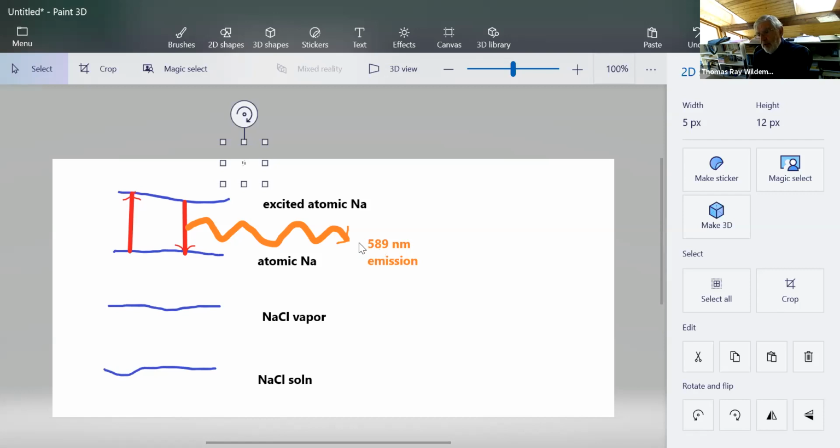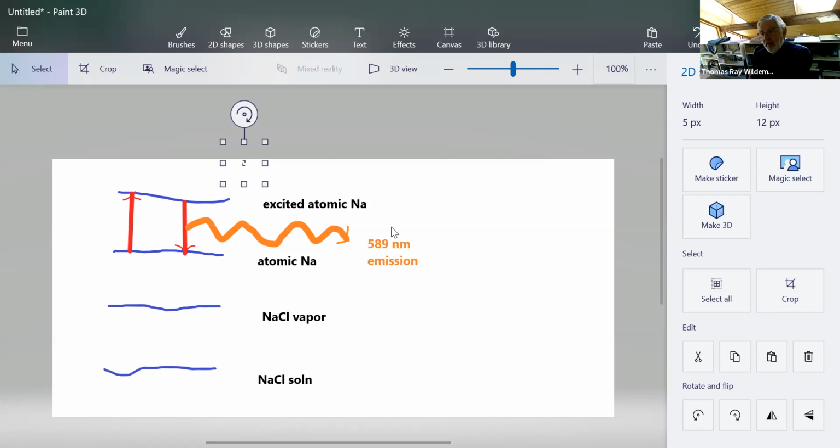There's two really great things about this method of doing an analysis. The first is that we use the spectrometer to do the separation of all the lines, and it does such an excellent job that we can analyze 30 elements at the same time simultaneously.